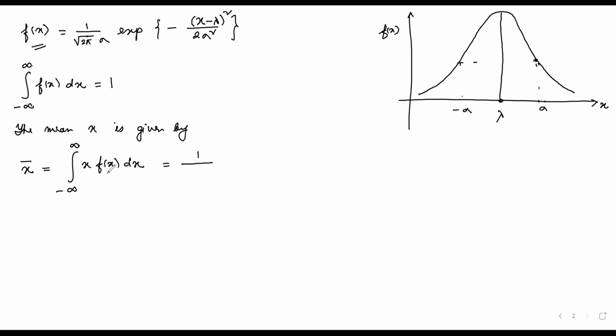When I substitute the value of f of x, this is nothing but 1 by root over 2 pi sigma, integration from minus infinity to plus infinity of x times e to the power minus (x minus lambda) whole square divided by 2 sigma square, dx.